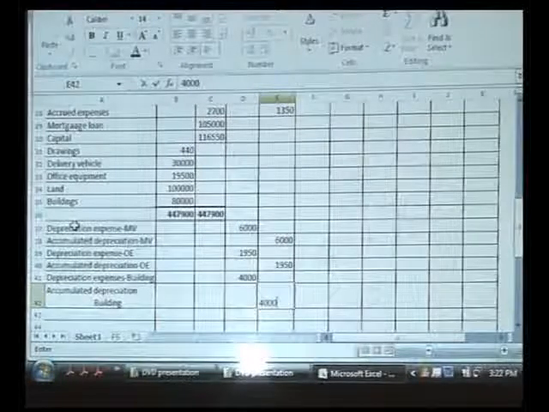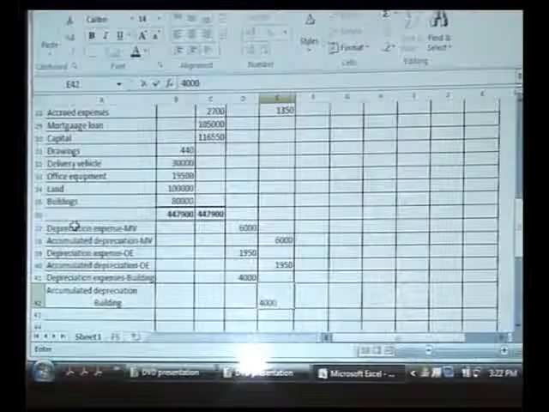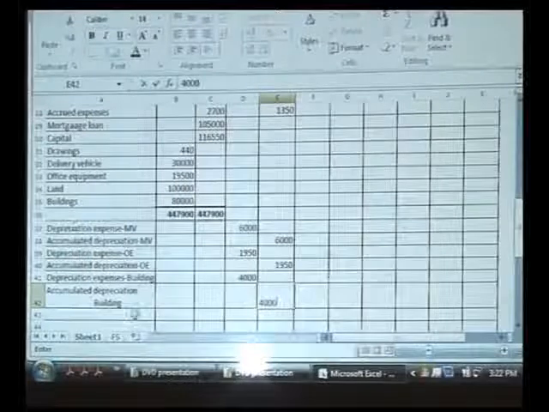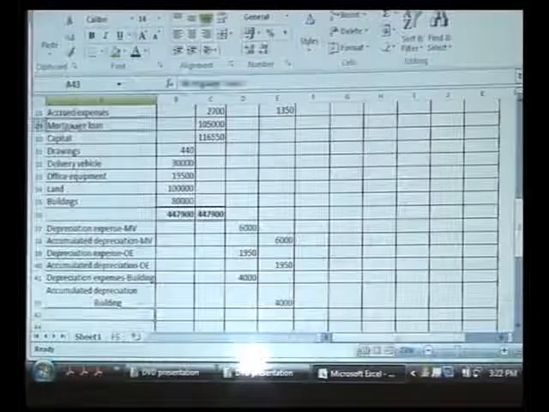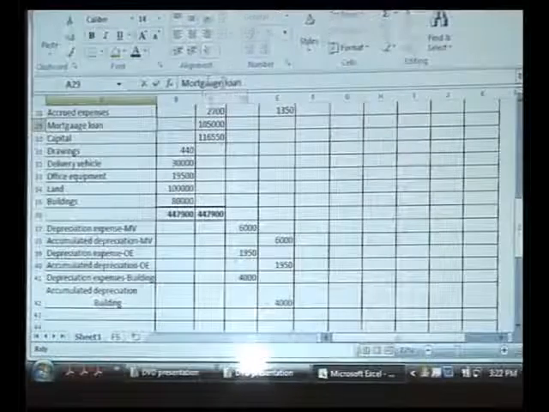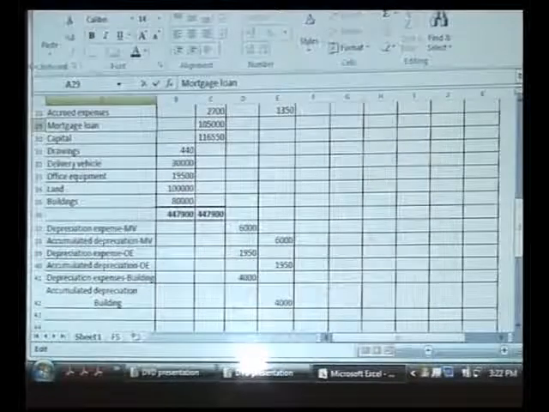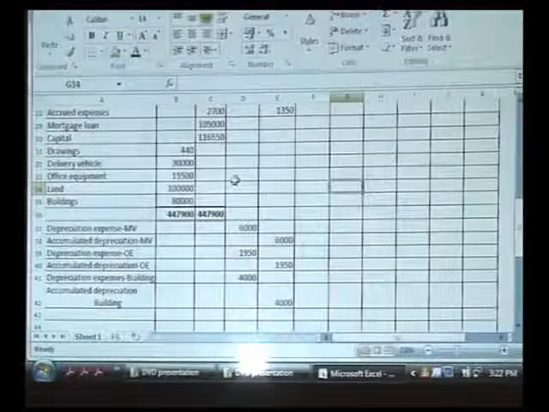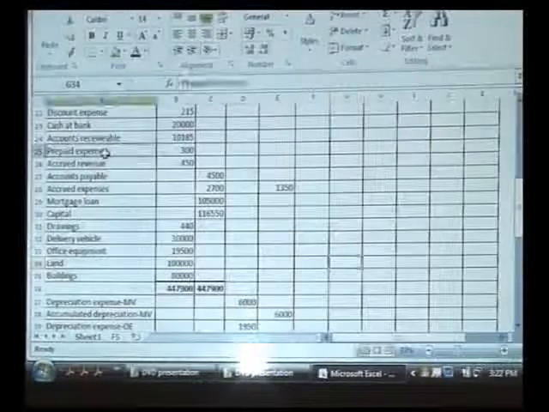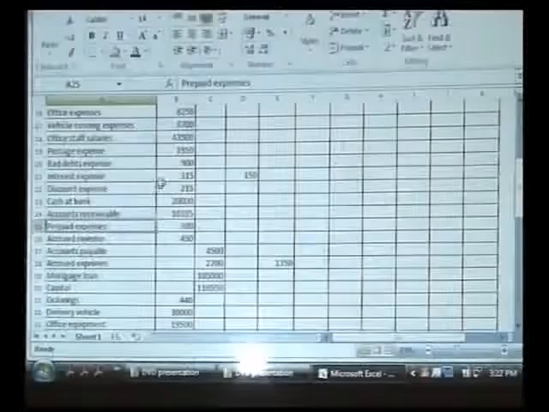Number 4, it says the insurance expense expired on 31st December. The amount is 300. That means there must be an account for insurance, prepaid account. Find it. Yes, prepaid expense 300 here.